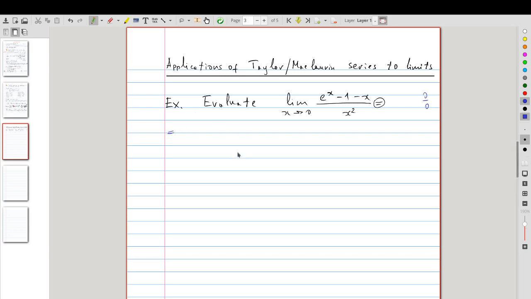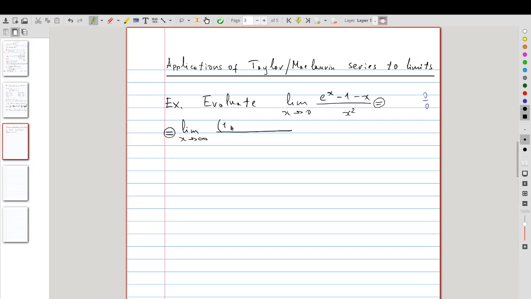So using this fact, using the Maclaurin representation, we can rewrite our limit as follows. So we have in the numerator e to the x. Let's replace e to the x by its expansion. So if you go back and check your notes, e to the x has the following expansion.